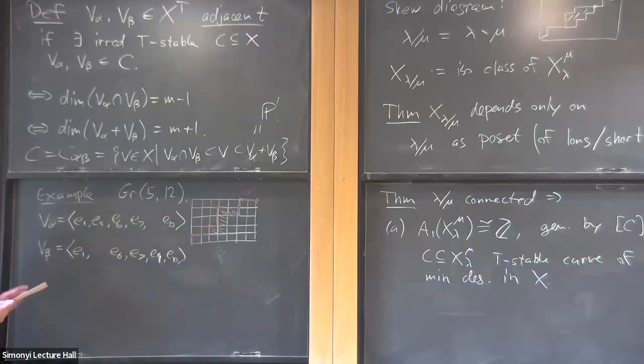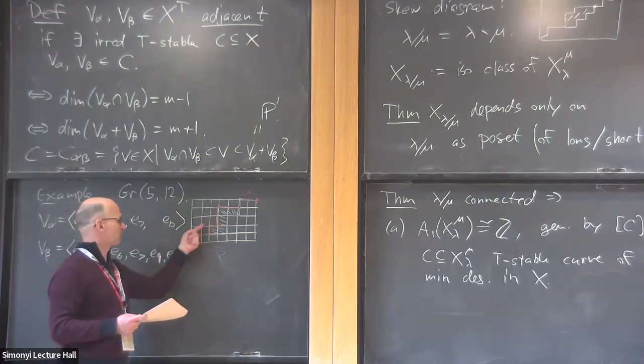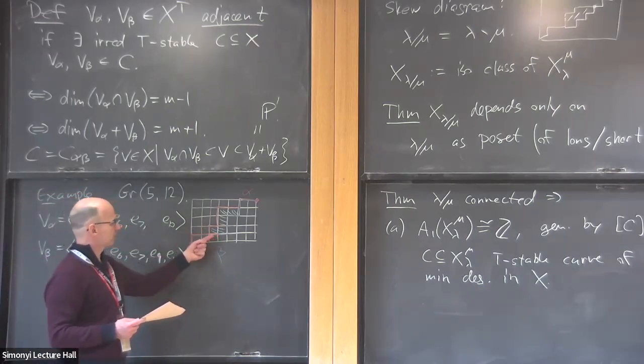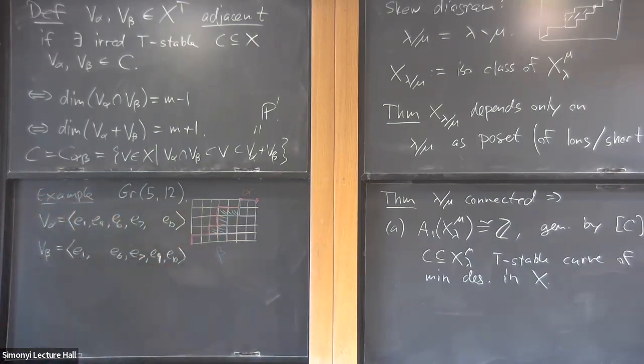And maybe you can see it. If they are adjacent, then you have to get from alpha to beta by just taking one of the basis elements and replacing it with something else. And that has the effect that when you get to step 4, one goes up and the other one continues. But then for a while they follow the same shape, and at some point they come together again.